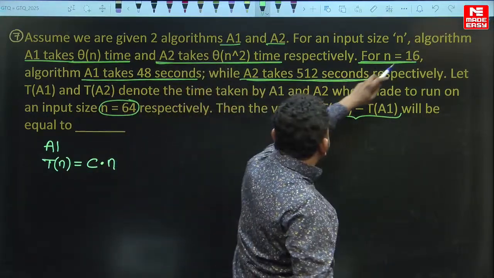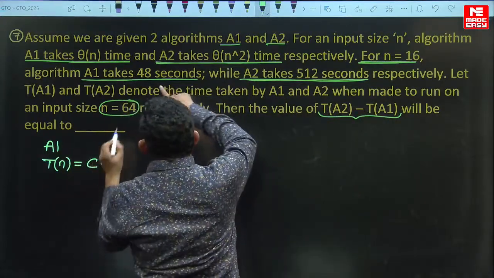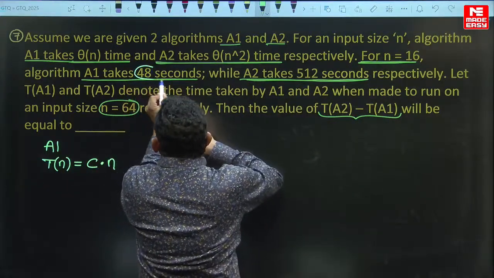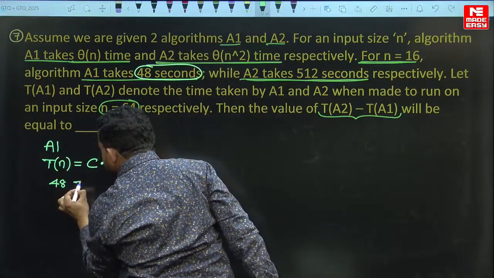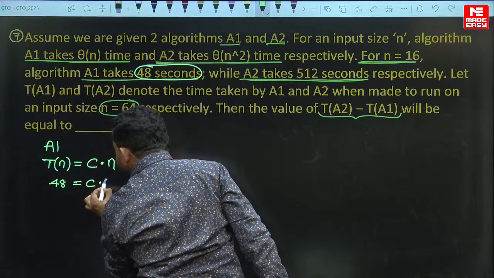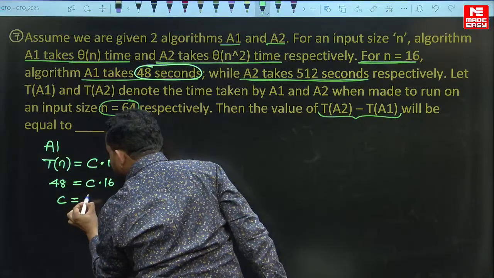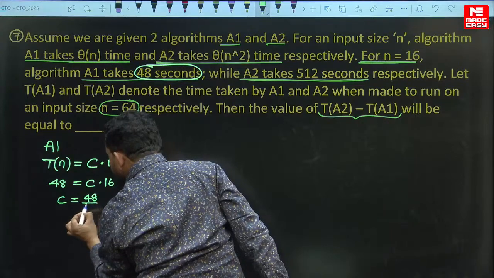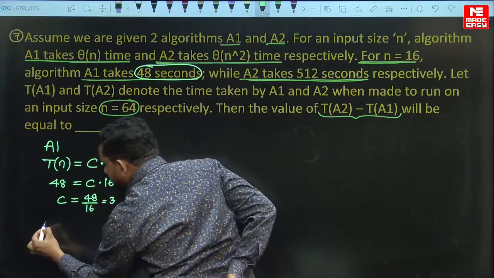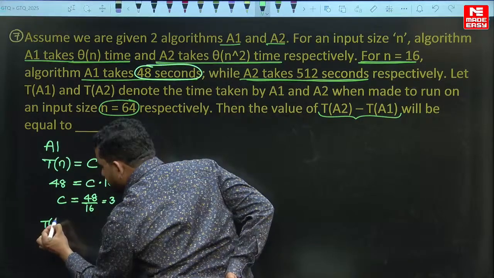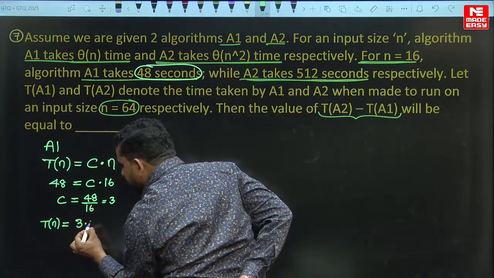So if n equal to 16 input size, A1 takes 48 seconds. That means 48 seconds for n value 16, so C is equal to 48 by 16, equal to 3, right? Then the time complexity of the first algorithm is 3 multiplied with n.